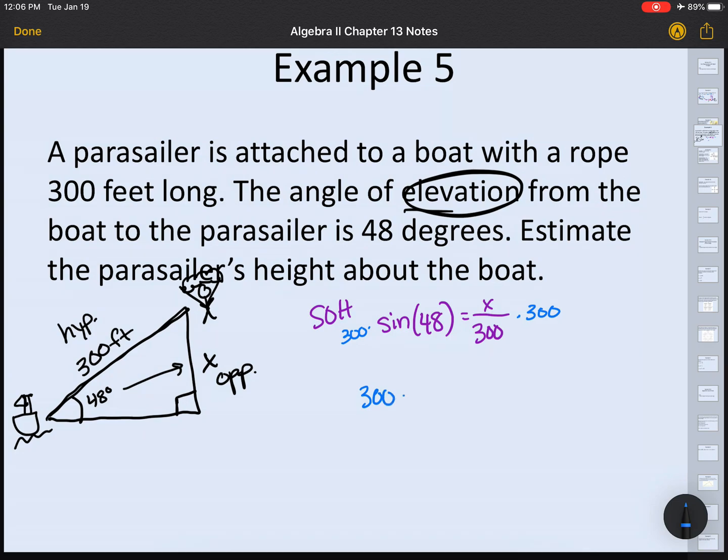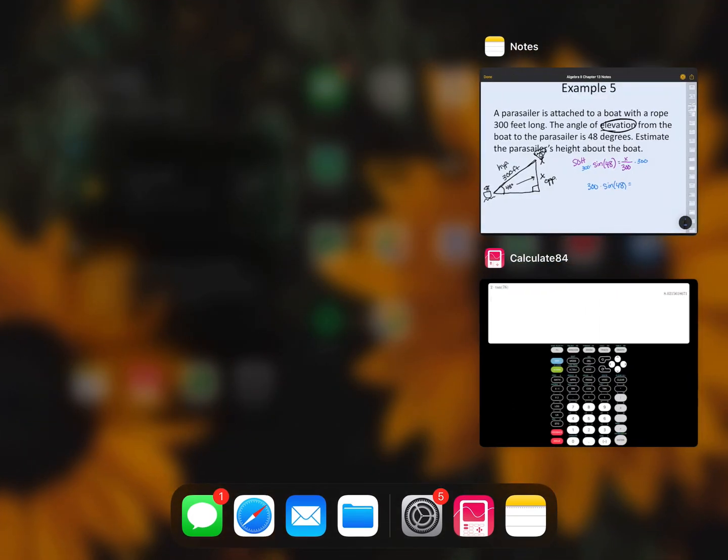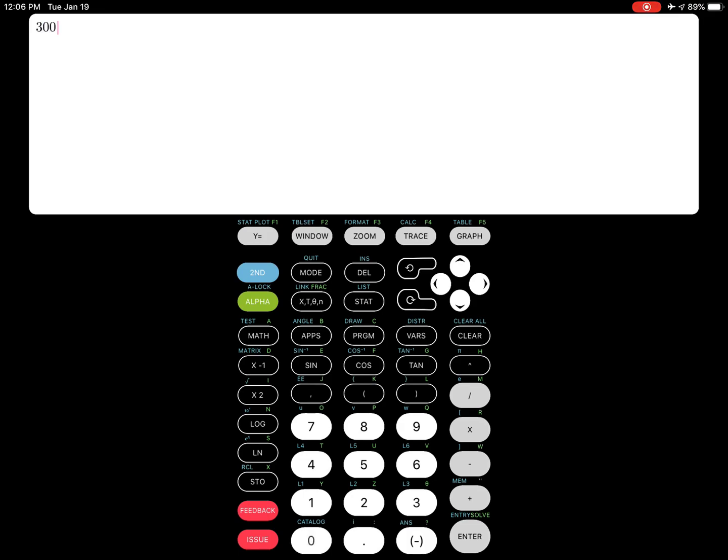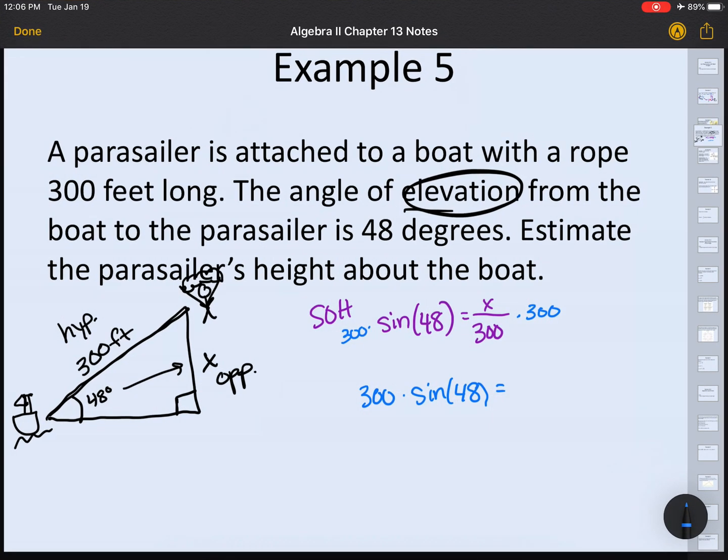So we got 300 times sine of 48, and it's got to equal x. So one more time in the calculator, we got 300 times sine of 48 degrees, and if we round it to the nearest foot, that is 223 feet. So 223 feet is how high he is from that boat to wherever he's at up top there.